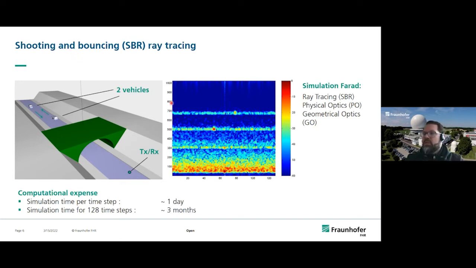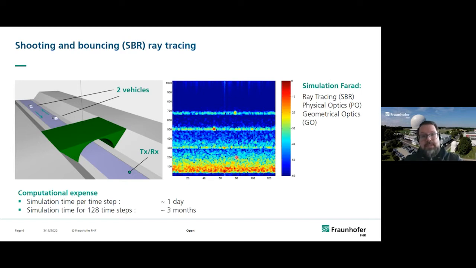And what you can see here is that we calculated a RangeDoppler map for a scenario where you have the transmitter and receiver, you have a bridge here, and you have two vehicles which are moving in different directions. And you can actually see that the objects are here, here, and here. But what you also see is a lot of distortion, a lot of artifacts.